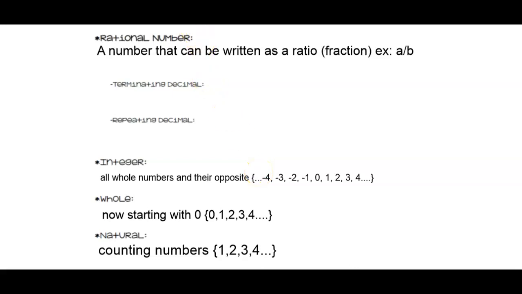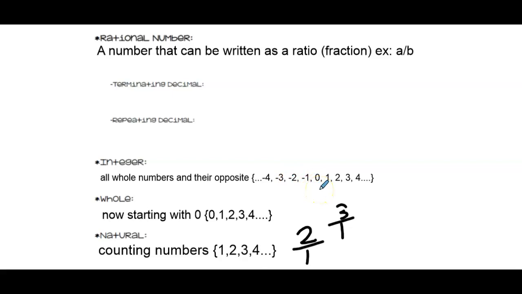Does anyone remember the magic number that can be put underneath any of these numbers to make it a fraction? Hopefully someone said 1, but you are right. So if I take the natural number 2, and I wanted to make it a fraction, it would just be 2 over 1. Or if I wanted to take a whole number, let's say 3, and make it a fraction, it would just be 3 over 1. And then finally, if I wanted to take an integer, and it could be positive or negative, but let's just do a negative for fun.